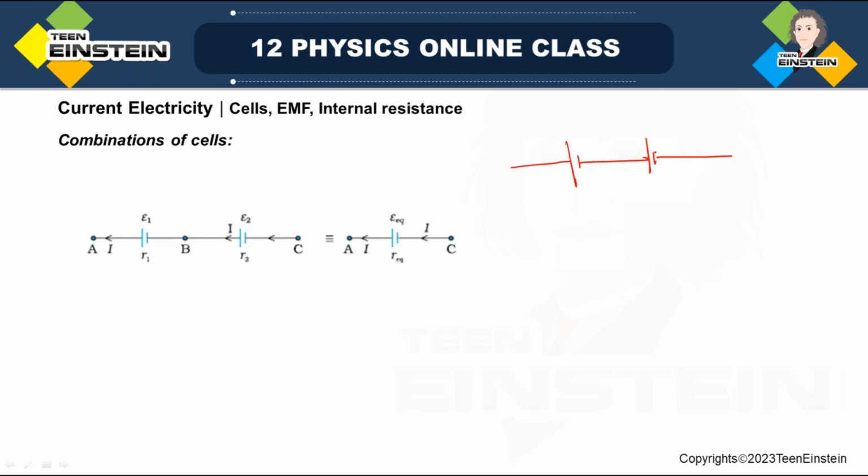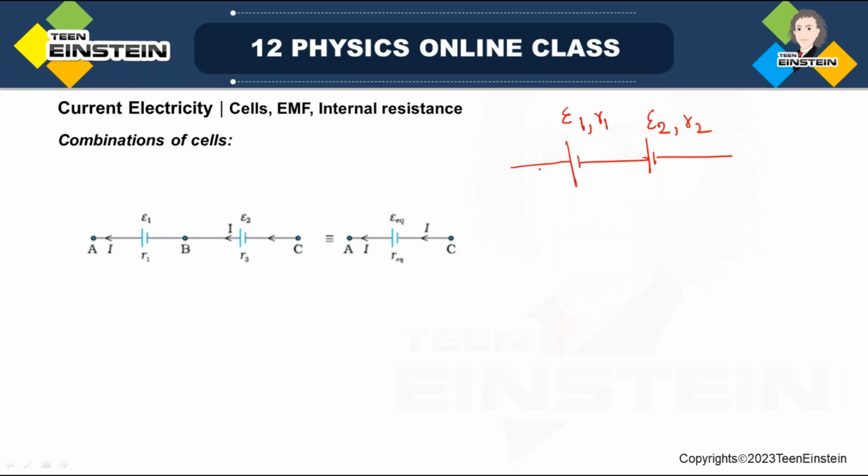These are supposed to be cells having EMF E1 and internal resistance R1, and E2 with internal resistance R2.